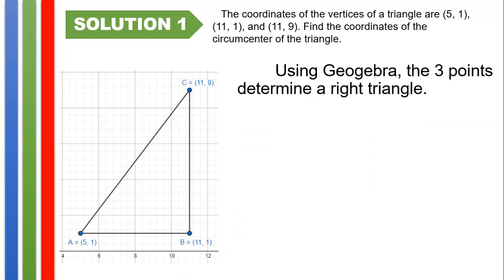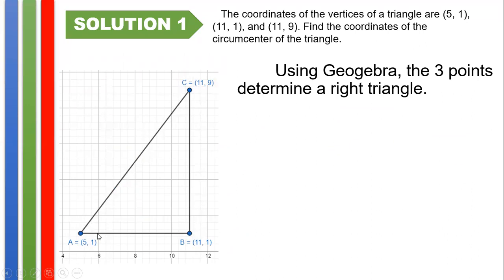Using GeoGebra, we could see that they form a right triangle. And how do we know? Segment AB has different x coordinates but the same y coordinates, so this implies that AB is a horizontal segment. Also, for segment CB, their abscissas are equal but their ordinates, or y coordinates, are different, and this means that CB is a vertical segment.